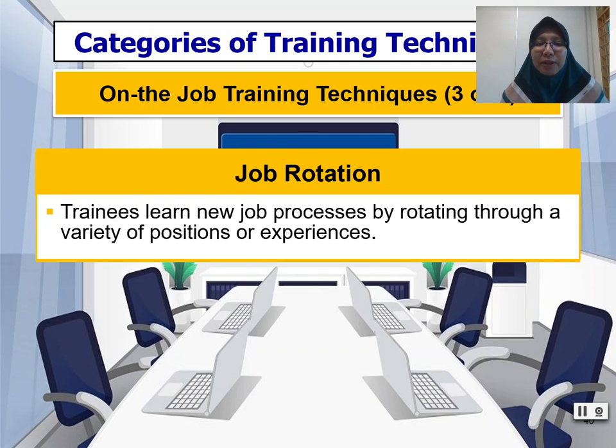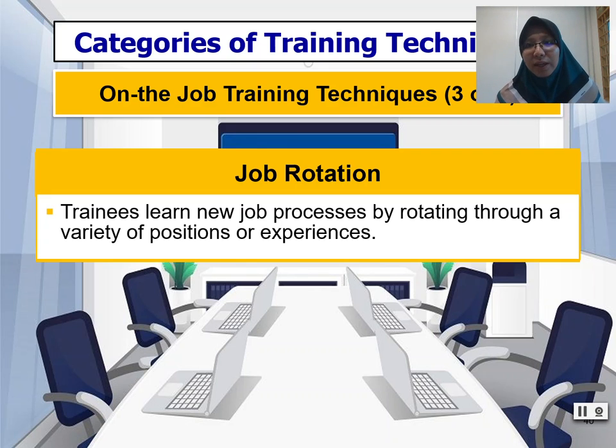Number 3 is job rotation. Okay, job rotation. Trainees learn new job processes by rotating through a variety of positions or experiences. Okay, this is happening in UiTM Cawangan Terengganu, for example. Maybe some of the clerical staff work, for example, at the HEA in the academic department for maybe 6 months, 1 year, and then they need to rotate their job.